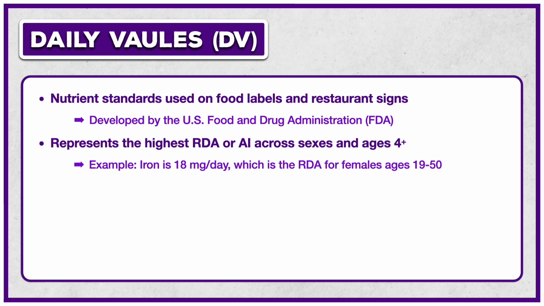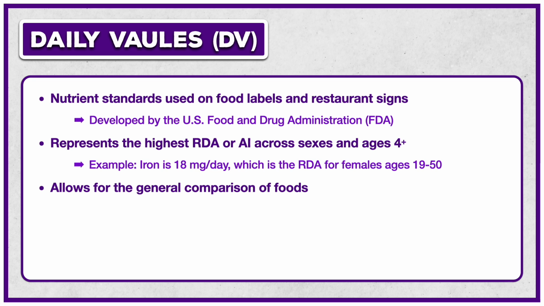For example, the DV for iron is 18 milligrams per day, which is the RDA for females ages 19 to 50 who have the highest RDA due to regular iron losses through menstruation. As a result, the DV does not serve as reliable recommendations for individuals. Still, it allows for the general comparison of foods.